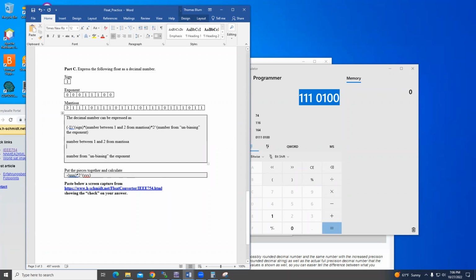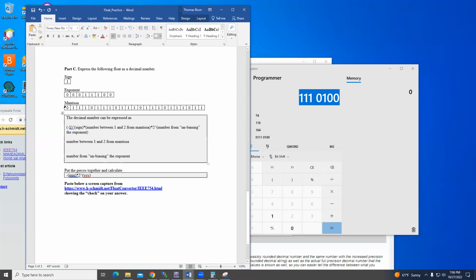So I have 23 bits of the mantissa. I must restore the 1. I'm working in the opposite direction now, so I bring back the 1 of this mantissa in the front. Then I divide by 2 to the 23.